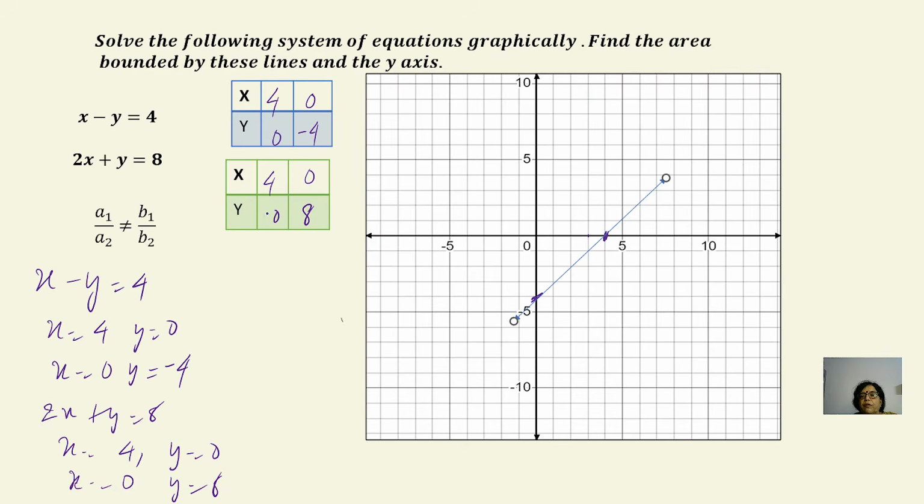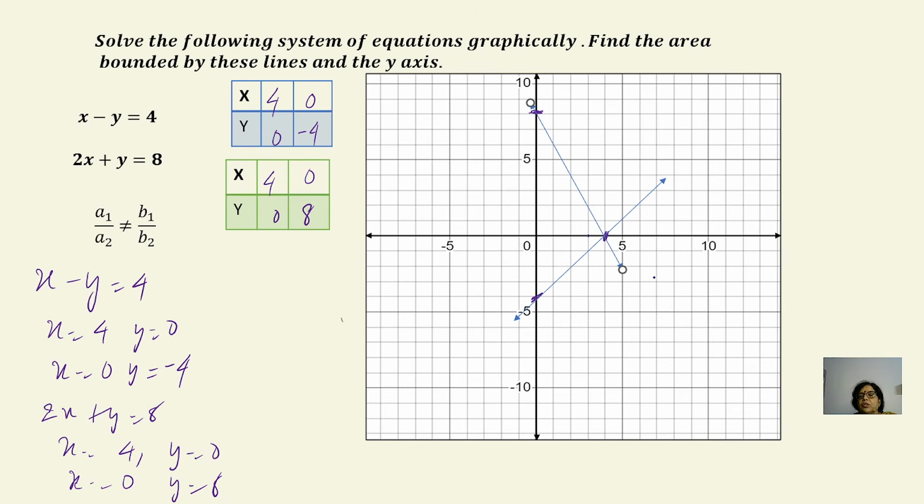Then we take 4, 0 and 0, 8. So 0, 8 will come over here, and 4, 0 is the same point. This line will come like this. The point of intersection we have already got, that is 4, 0.